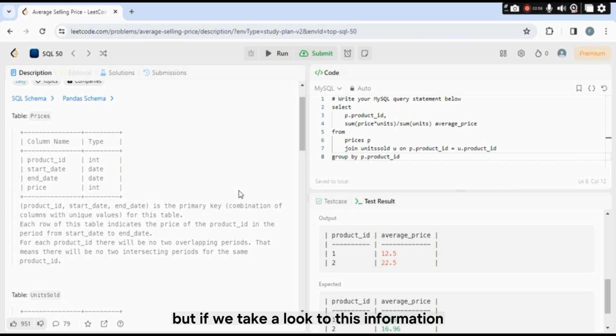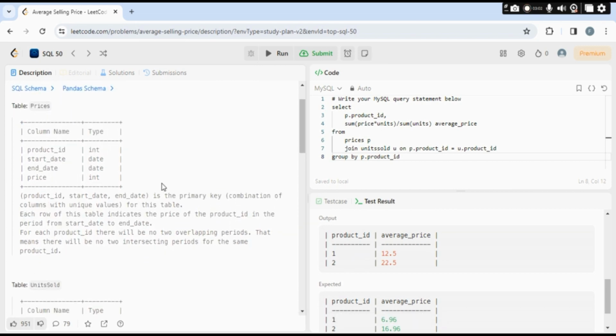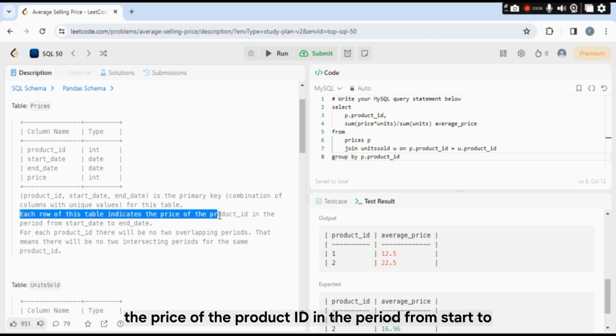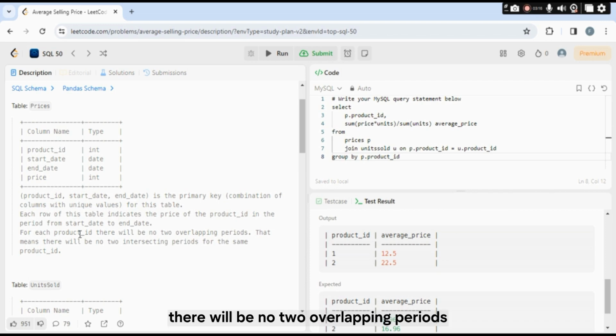But if we take a look at this information, each row of this table indicates the price of the product ID in the period from start date to end date. For each product ID, there will be no two overlapping periods. That means there will be no two intersecting periods for the same product.